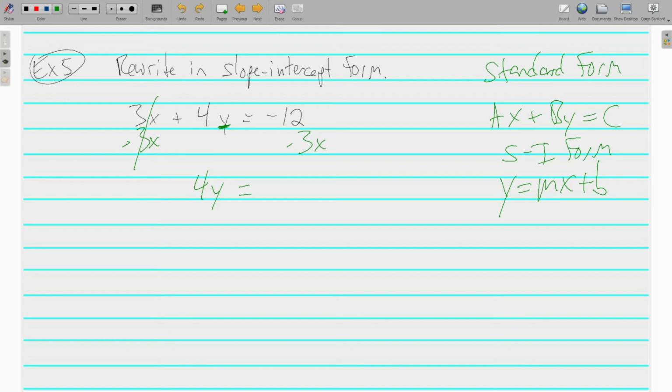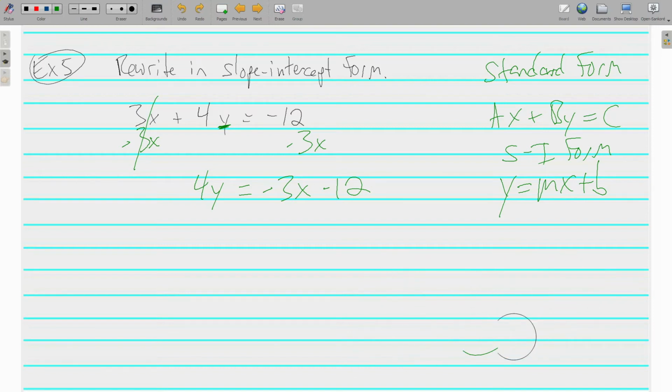The -3x does, so I cannot combine them. I know I'm trying to get mx plus b, so I'm going to go ahead and put my -3x right after the equal sign. I could have done 4y is equal to -12 minus 3x, but remember slope-intercept form, mx plus b. We need our x's to be right after the equal sign.